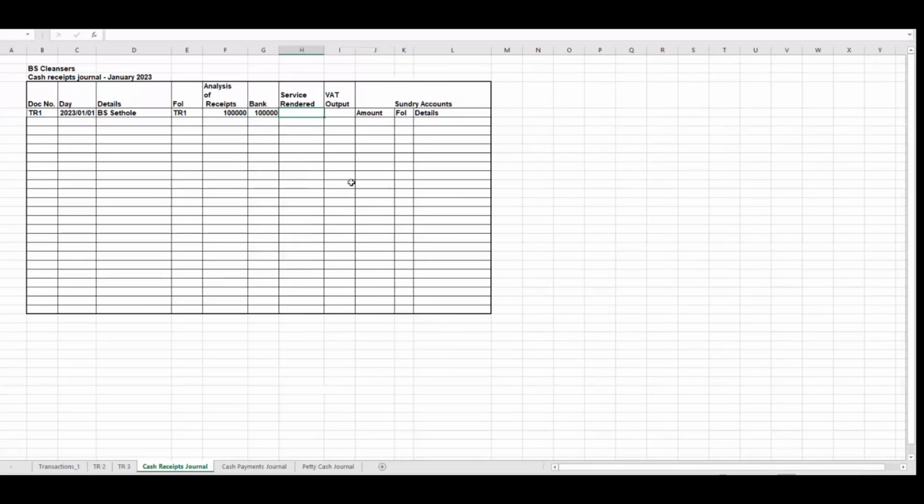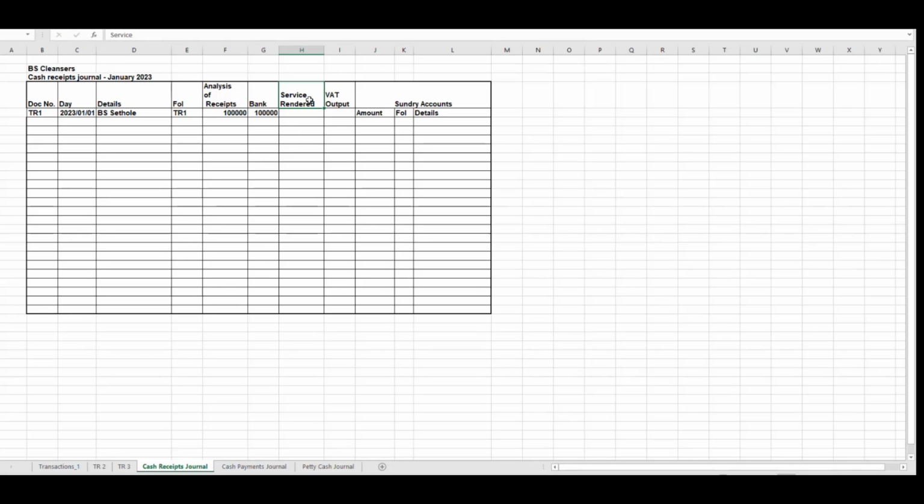Up here, there is no prescription as to what columns you put after bank, between bank and VAT. You can have services rendered, stationery, depending on what transactions you have.